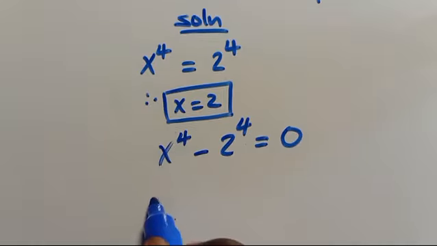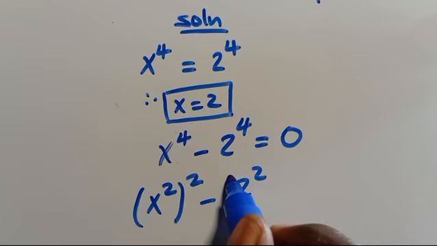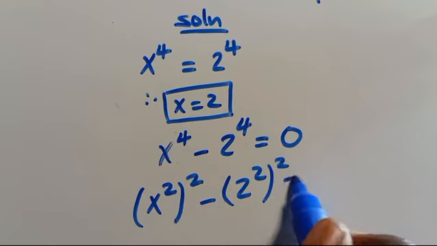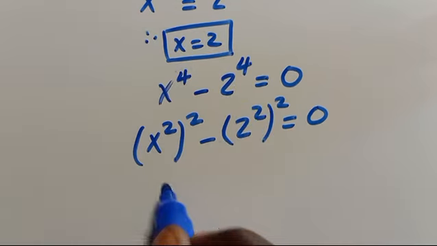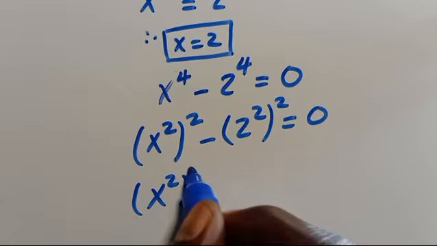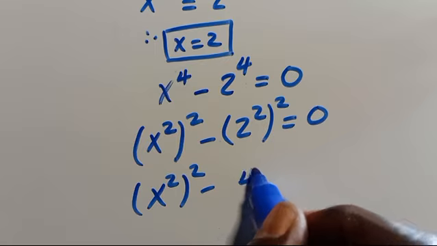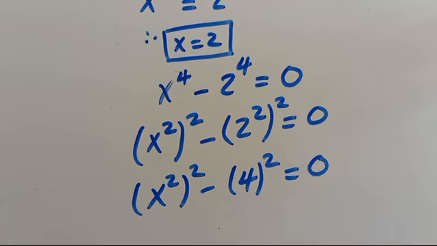Then we have x to the power of 2 to the power of 2 minus 2 to the power of 2 to the power of 2 equals 0. 2 times 2 will give us 4. We have x to the power of 2 to the power of 2 minus 4 in parentheses to the power of 2. We still have it equal to 0.